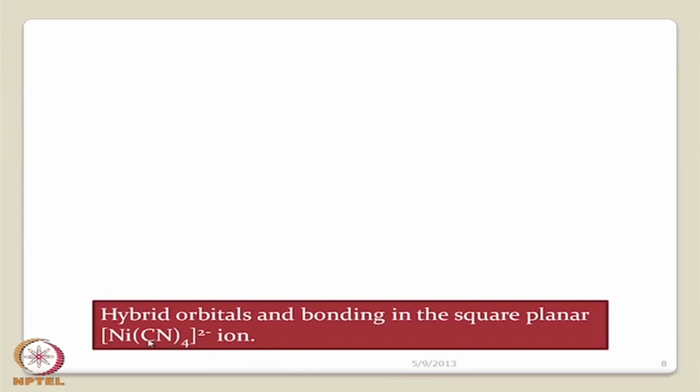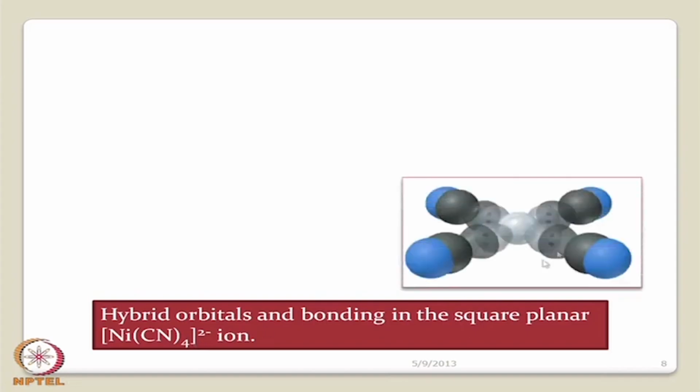If we have the corresponding square planar geometry for tetracyanonickelate, the square plane is like this, and we have one orbital here, one orbital, and the other orbital on this side.